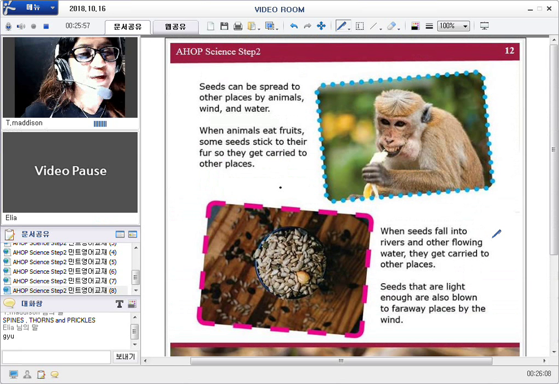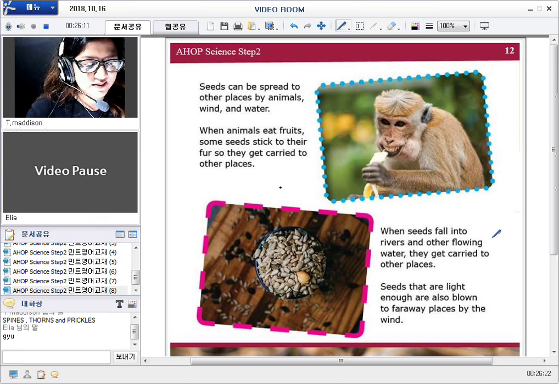What are the ways in which seeds are spread? Can you tell me the ways? So, when animals eat fruit, seeds might stick to their furs, and then when animals move to another place, seeds can move as well. Very good.